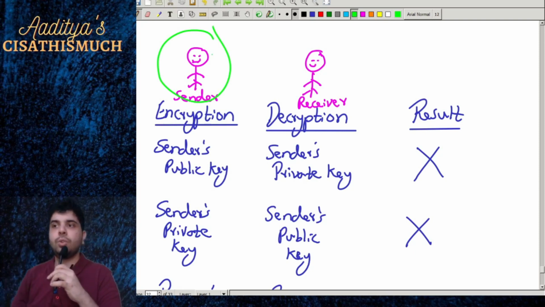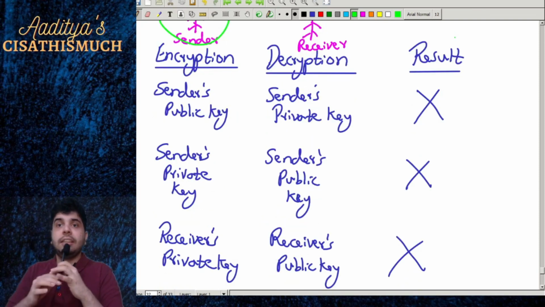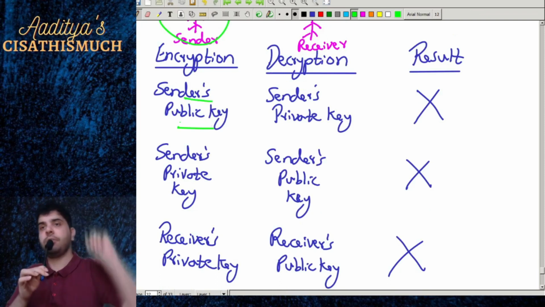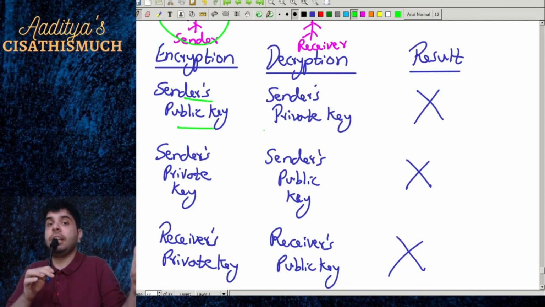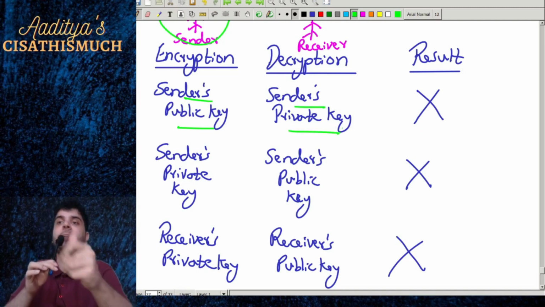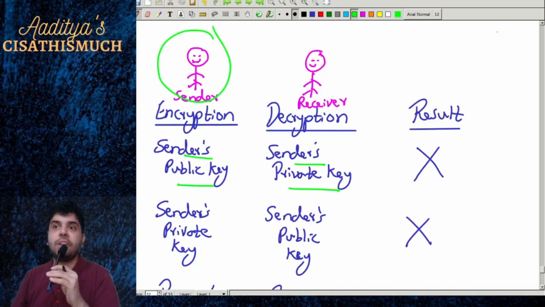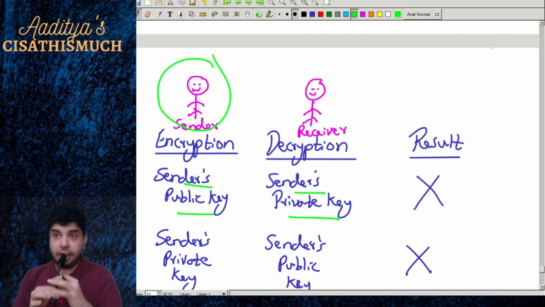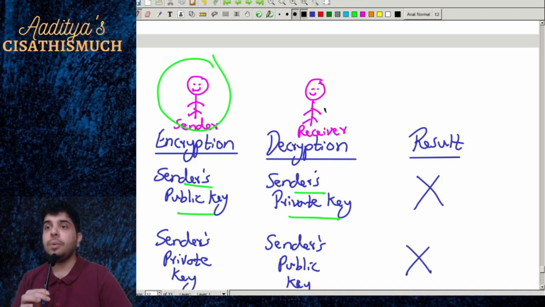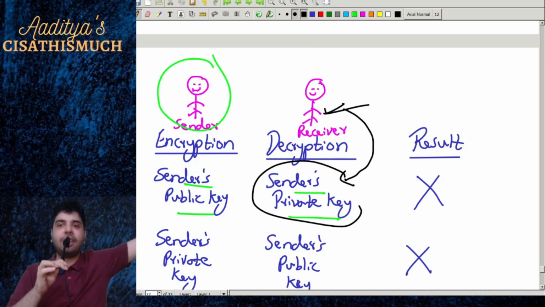All right, so understand that the sender can use the sender's public key for encryption, and if the sender is using the sender's public key for encryption, he is supposed to use his private key for decryption. But understand that decryption will be done by the receiver, and the receiver will not have access to the sender's private key.